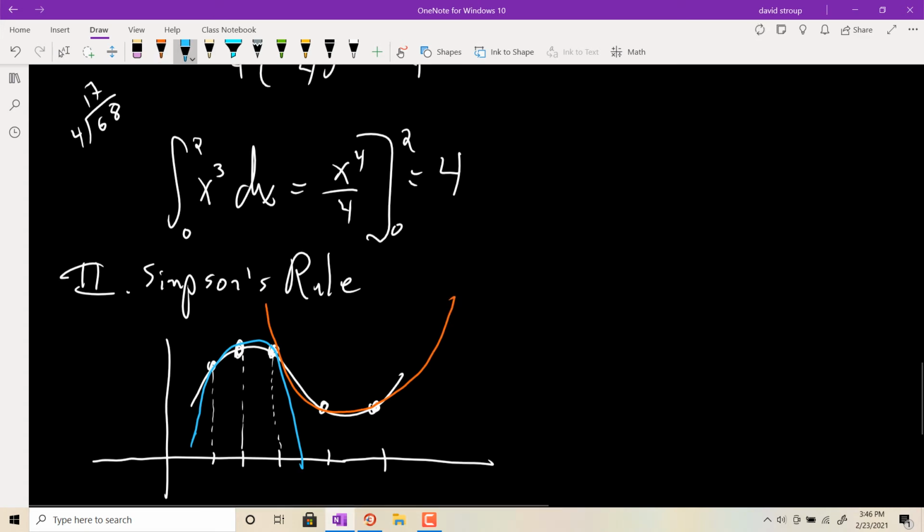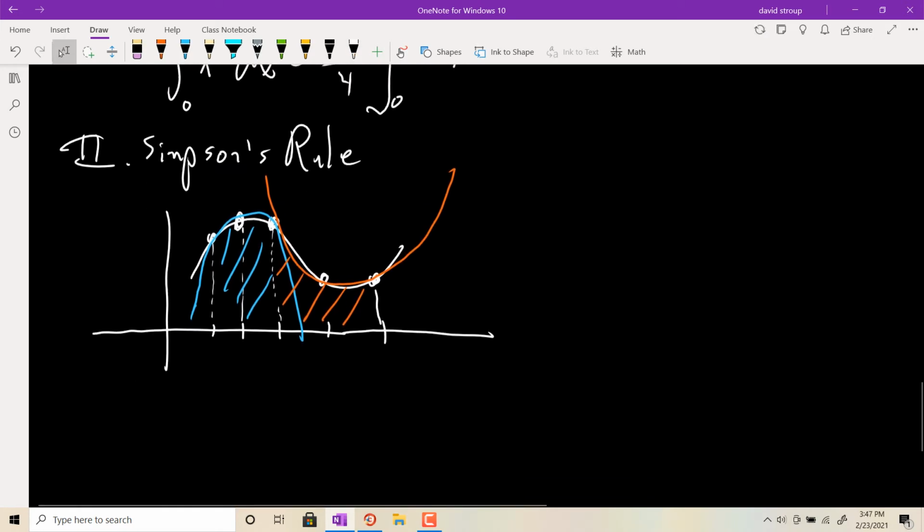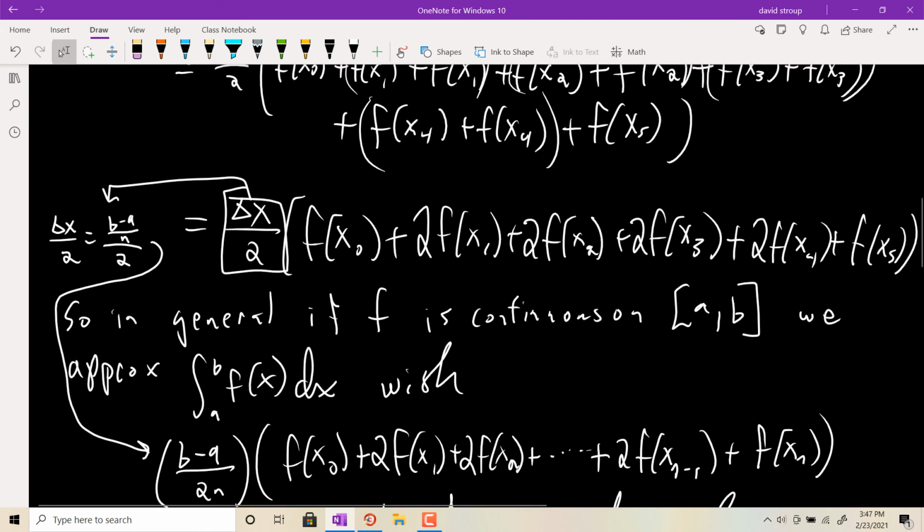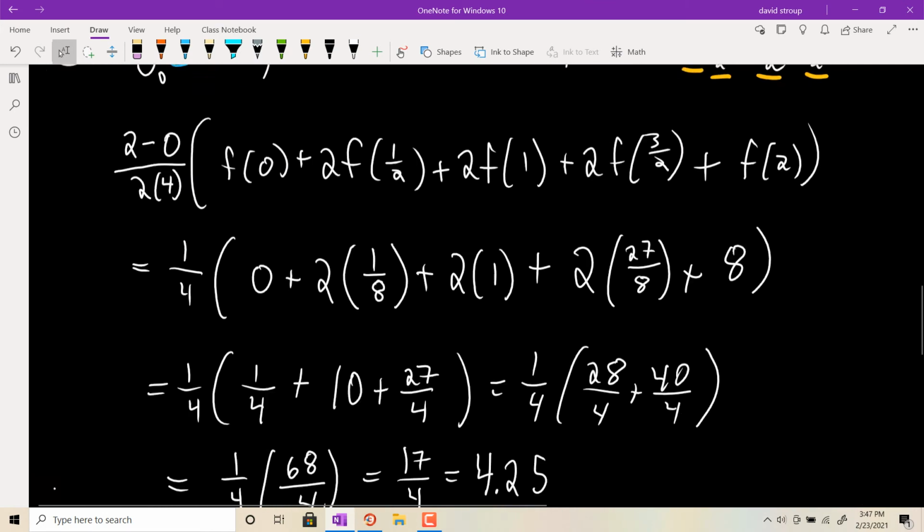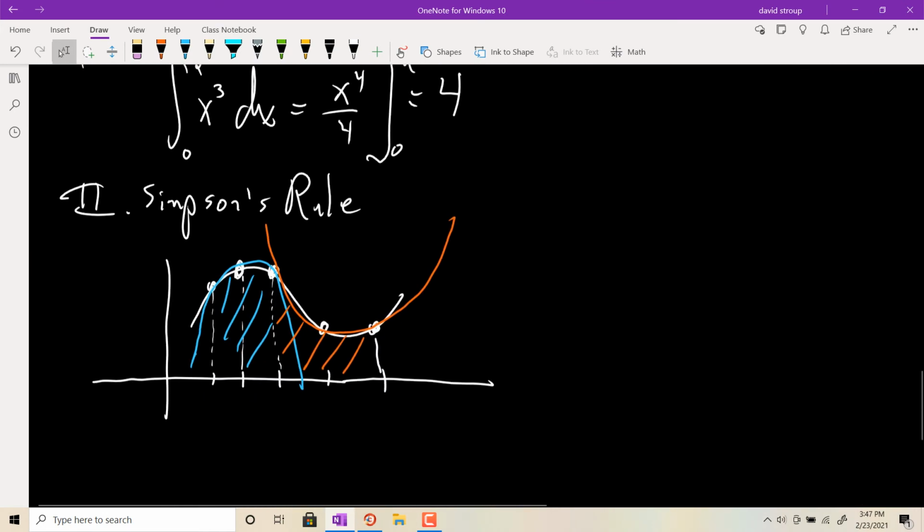So that would be that first area, and then we would get kind of this red area in the second interval. Okay, the construction of the formula, like before we had the 1, 2, 2, 2, 2, 2, 1. The construction is a little more complicated.